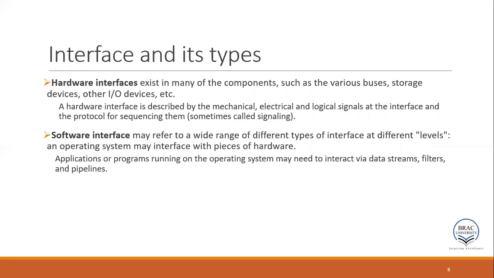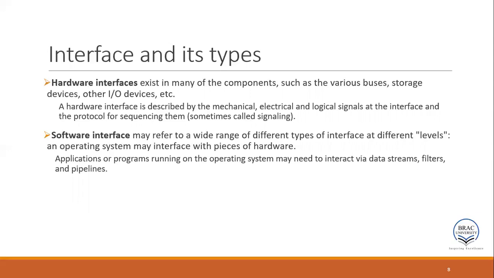If there is interaction between memory and CPU, between external hard disk and CPU, between CPU and 8255, between CPU and mouse or keyboard or monitor, etc. These all are hardware interfaces because there is exchange of information between these hardwares, right?